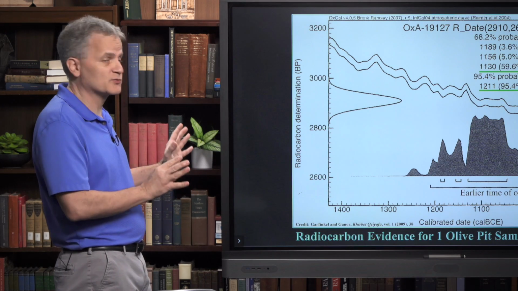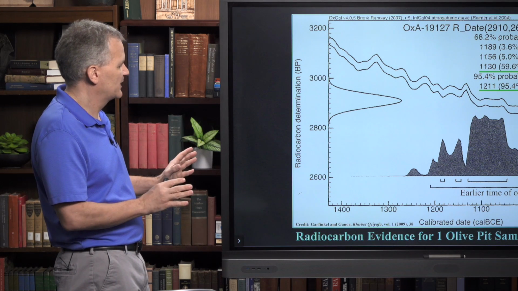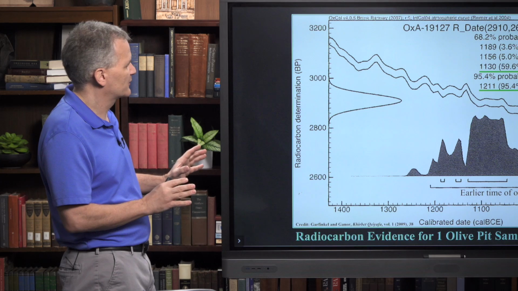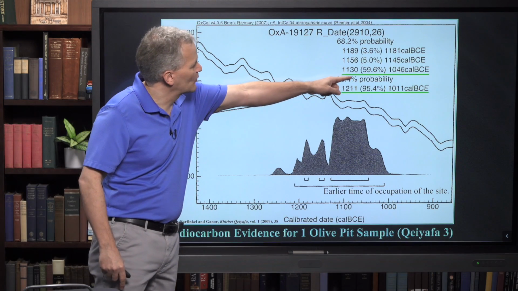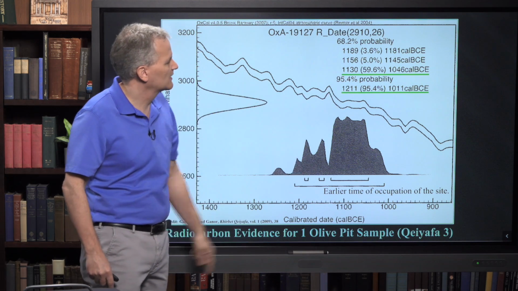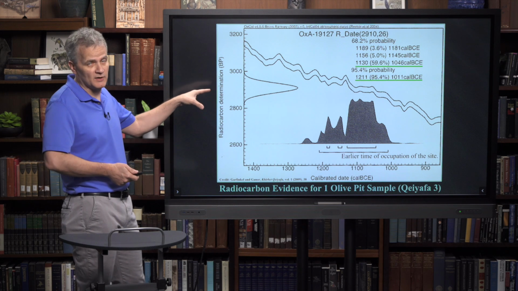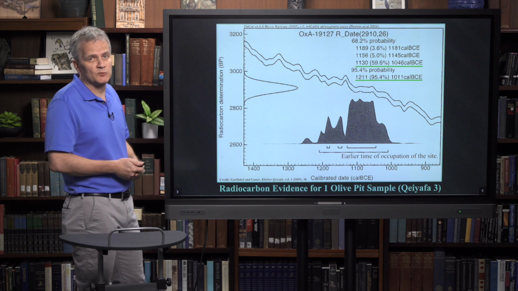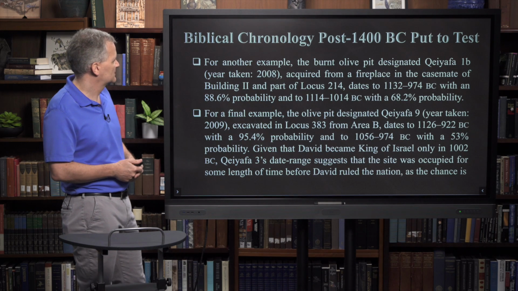What this shows you is radiocarbon evidence for this one olive pit, the sample Qeiyafa 3. So this is the actual plate from the research that was done by the scientists who examined this.